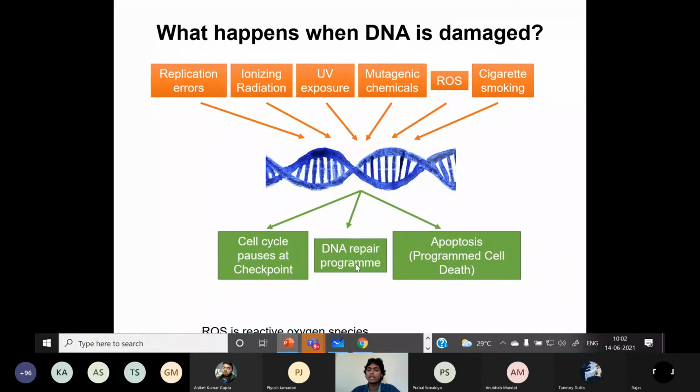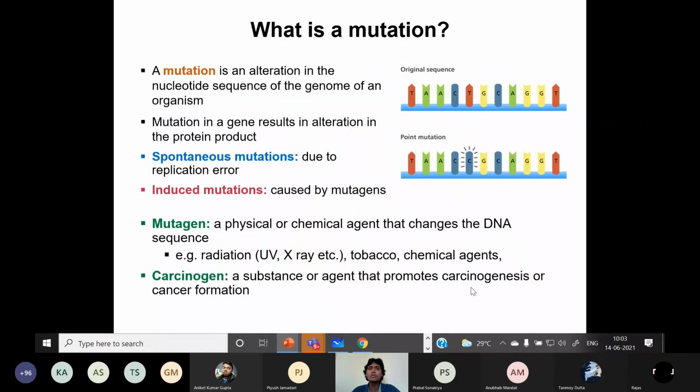We also have a DNA repair program, a very nice control mechanism that can help repair our DNA. And the other thing is programmed cell death, as I have already told. So now, what is mutation? Mutation is a change of nucleotides. I'm not going into those details; I already told you, you can get this point.